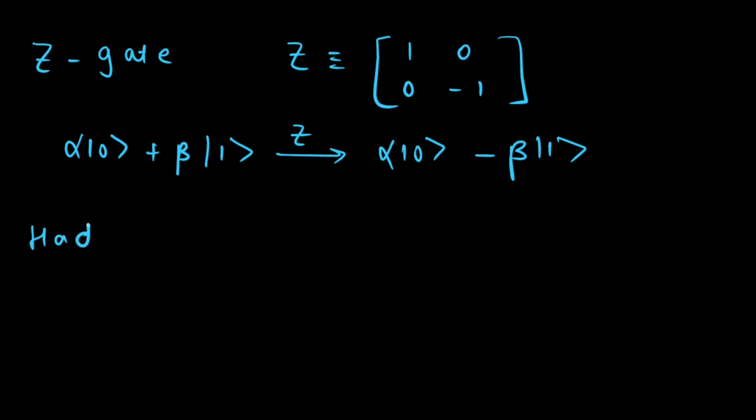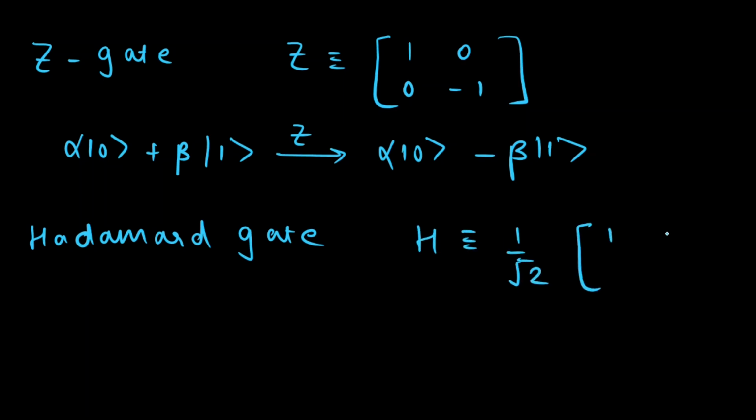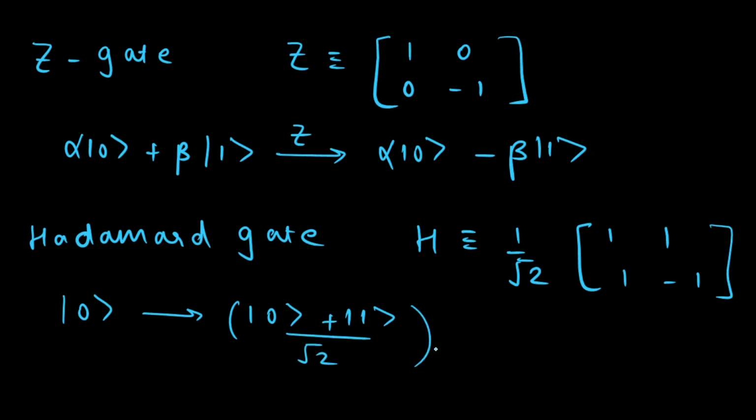The second example is the Hadamard gate, which is given by H equal to 1 by root 2 times 1 1 1 minus 1. The operation of this gate on 0 state gives us 0 plus 1 by root 2, which is halfway between the 0 and 1 state.